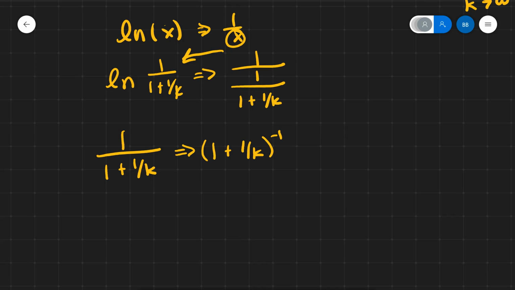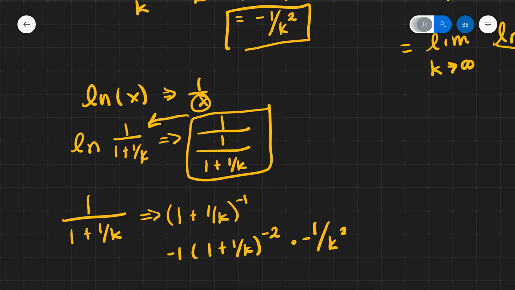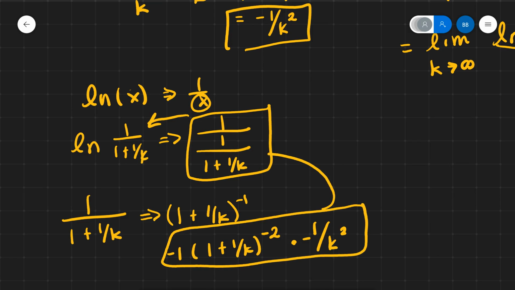So moving the exponent out in front, I have negative 1 times the original, 1 over k. Subtracting 1, I have negative 2. And then taking the derivative of the inside, well, that's the same as the derivative we took before. So that's just 1 over k squared with a negative in front. So our derivatives are here, and this times this for the second derivative, which required 2 different chain rules.